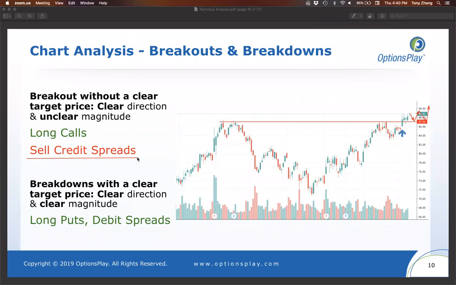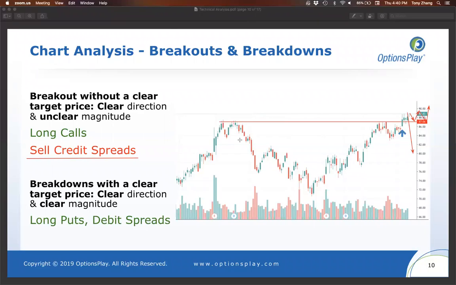A credit spread allows you to basically profit as long as the stock does not drop below that support level. So once it breaks above that resistance level, it becomes support. And as long as it doesn't plummet back below into that $80 level again, you can make money by simply selling a credit spread. So those are the two different ways that you can play breakouts.